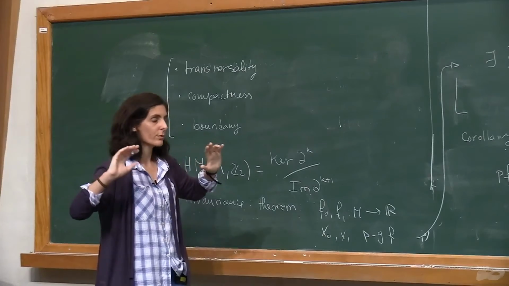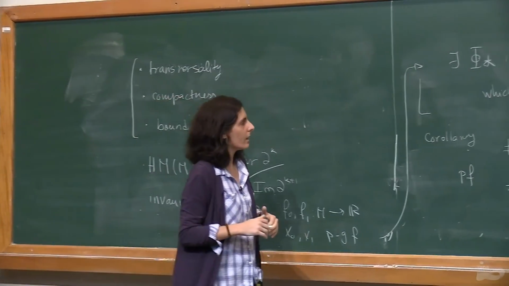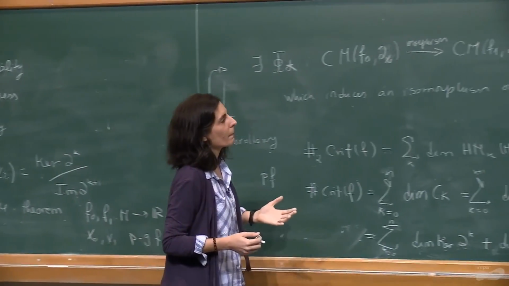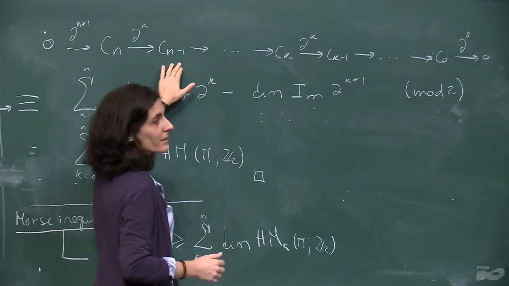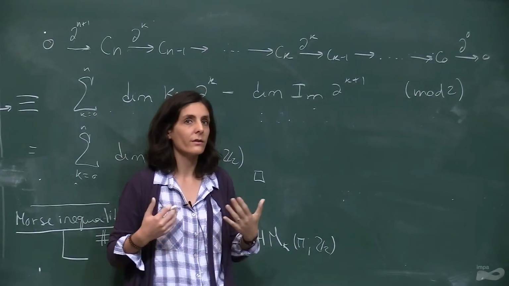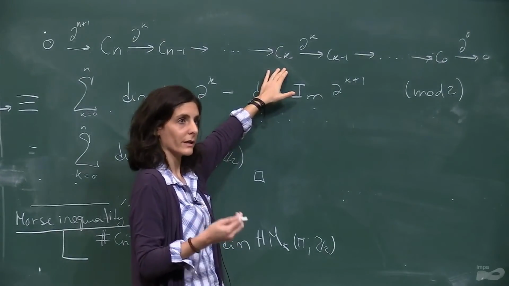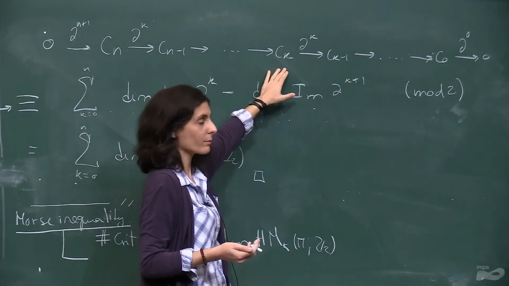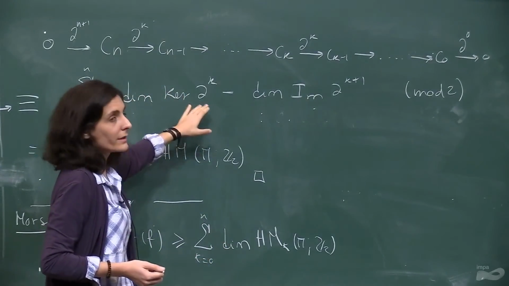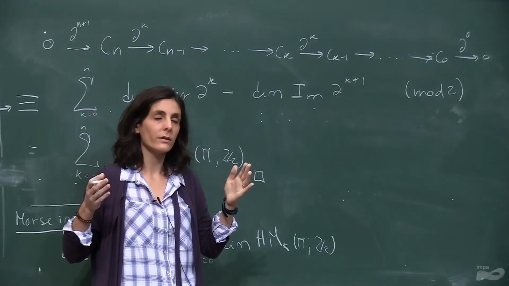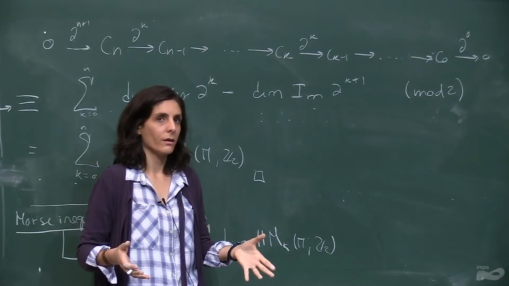We started with the Morse function, so all its critical points are non-degenerate, and we constructed a complex where these vector spaces are the vector spaces generated by the critical points, each one with index k, this Morse index that came from the Morse lemma. And the differential was defined using these trajectories connecting the critical points of this function.